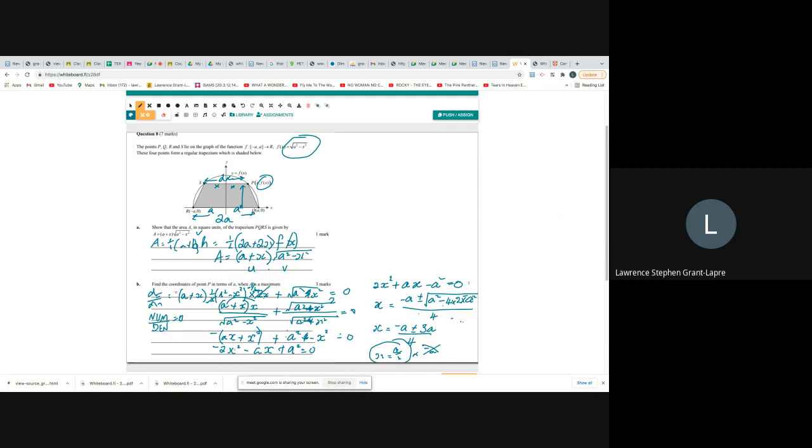But it wants the coordinates. So the coordinates will be a over 2. You have to substitute a over 2 into here. So the square root of a squared minus (a over 2) squared. So a squared minus a quarter a squared is 3/4 a squared.